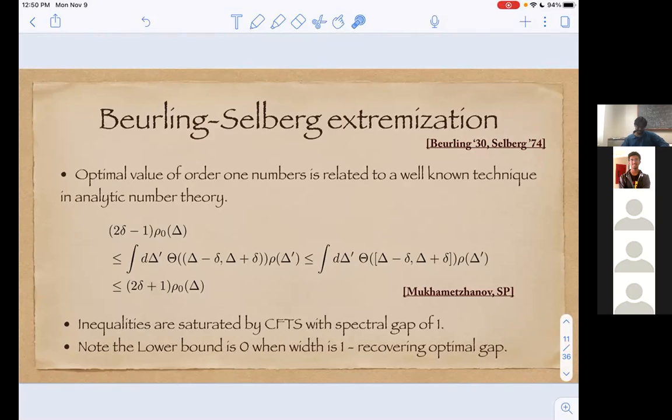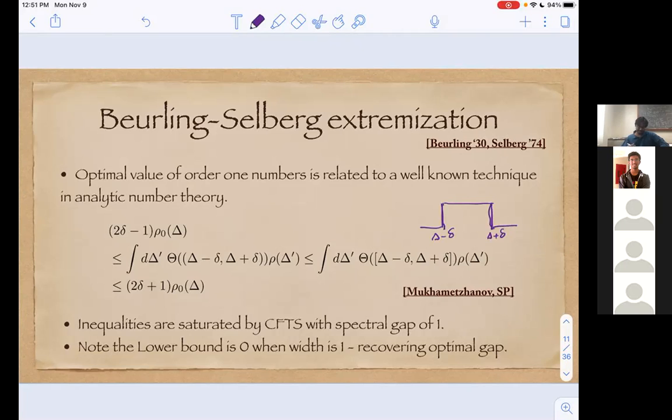And because here we are careful about the optimization, we also have to be careful about whether we are including the edge states or not. As I was saying, we are basically counting the number of states in some window. So this is delta minus delta, this is delta plus delta. Here we have to be very careful whether we are including the edge or not.